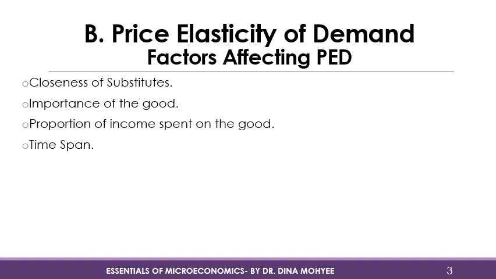For example, smartphones as a broad definition for phones has no close substitutes, so its elasticity becomes lower. But what if we say an iPhone? An iPhone has a closer substitute such as Samsung. So we can say that the narrower the definition of a good, the higher the elasticity, while the broader the definition, the lower the elasticity.